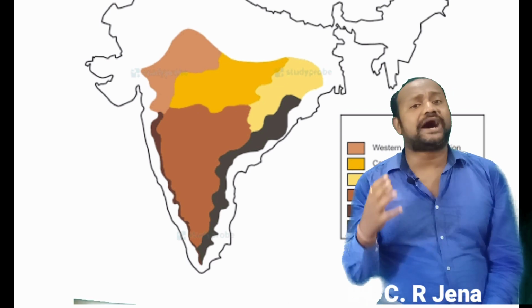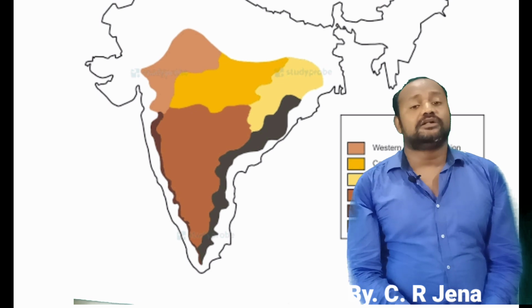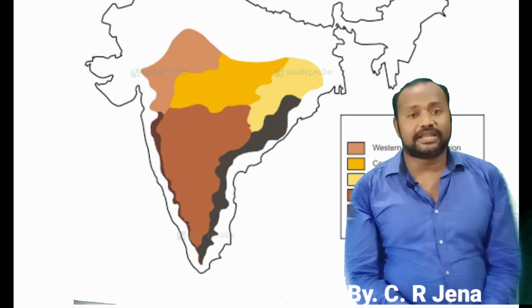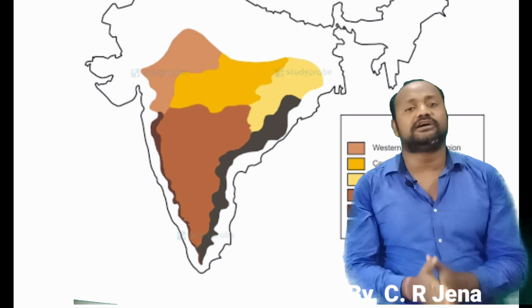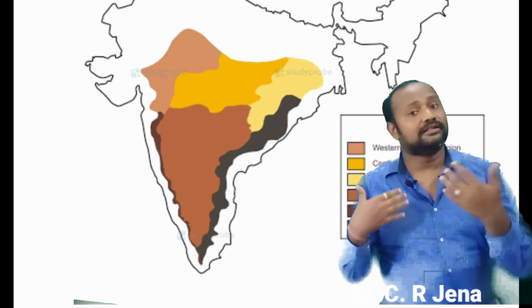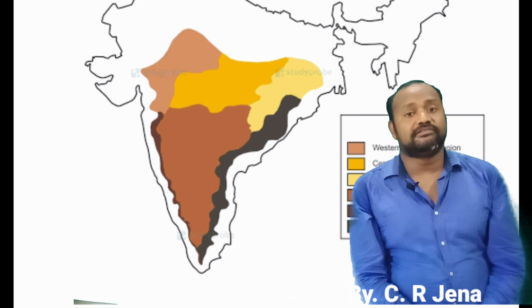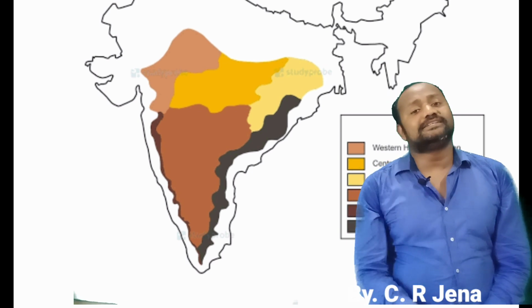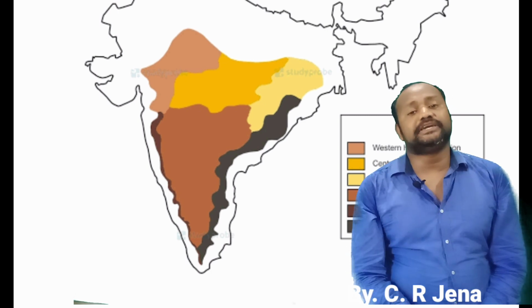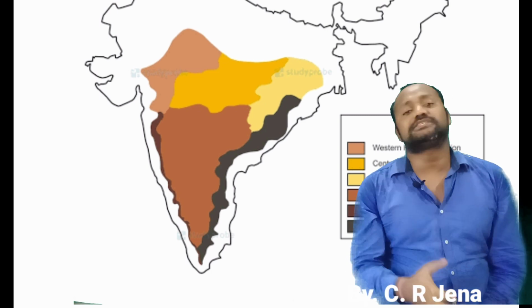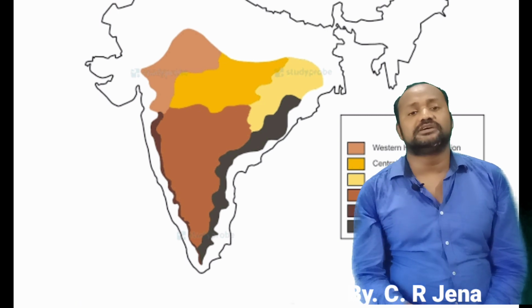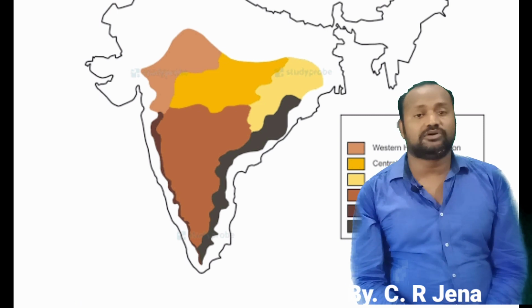So it is a part of Gondwana land, and it is formed due to the drifting or convergent movement of Gondwana land. So we can say that Peninsula Plateau is one of the oldest landmasses in India because it is a part of Gondwana.